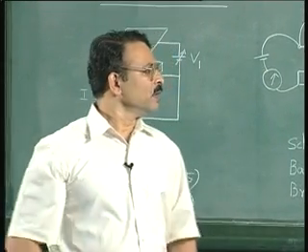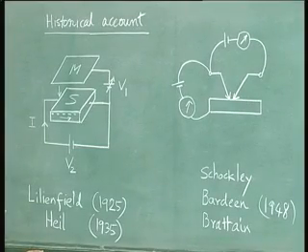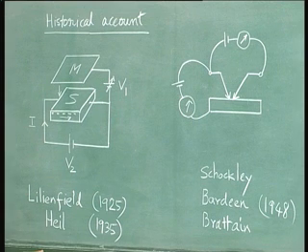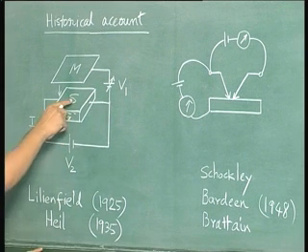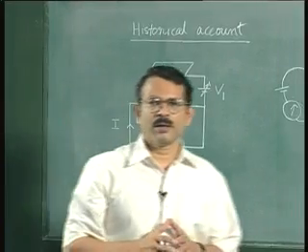Coming back to the developments, people started realizing this device. They found that to make this device, you must have an insulating layer between the metal and the semiconductor. This is where they faced difficulty.